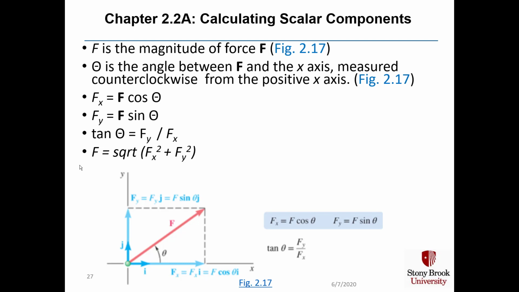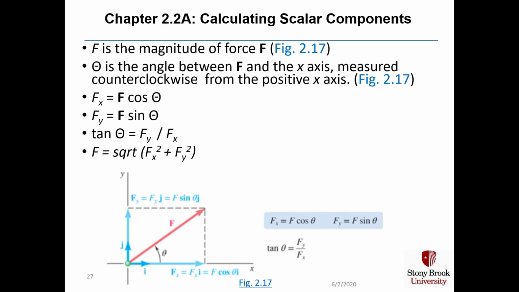F in italics is the magnitude of force F, as shown in figure 2.17, and theta is the angle between force F and the x-axis measured counterclockwise from the positive x-axis. F sub x in italics, meaning the magnitude, is equal to force F times cosine of theta, and F sub y in italics is equal to force F times sine theta.